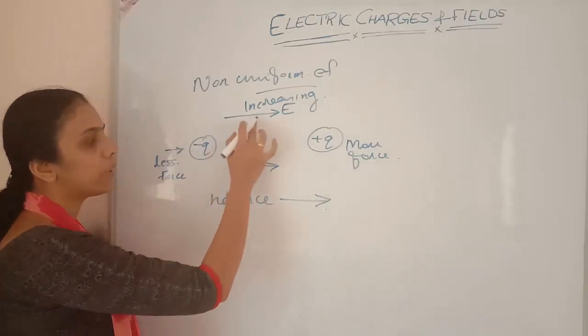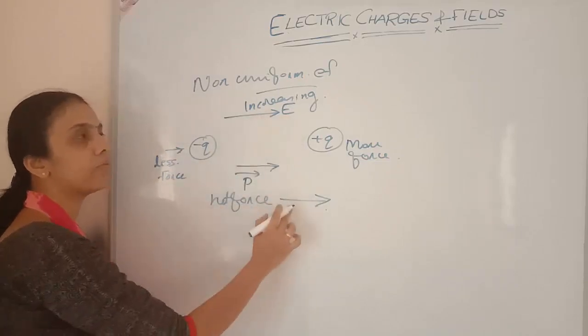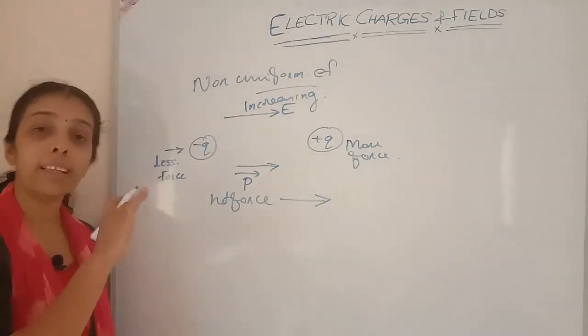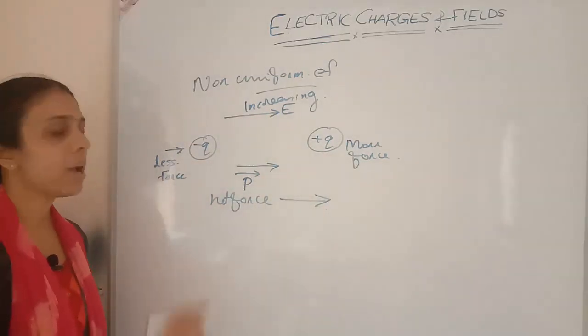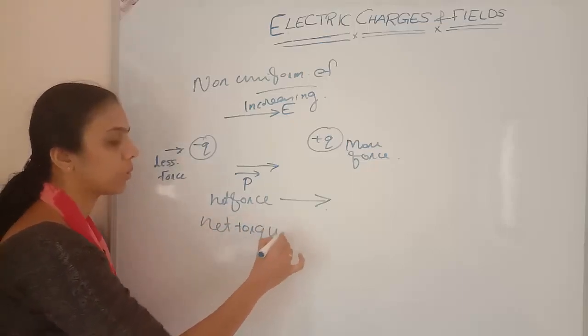Okay, clear? So the electric field is increasing, and the net force will be acting in the same direction, but the net torque acting on the system will be equal to 0.